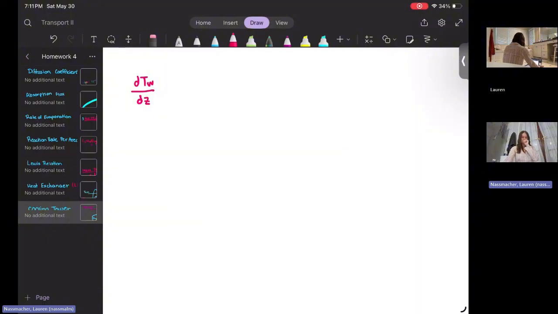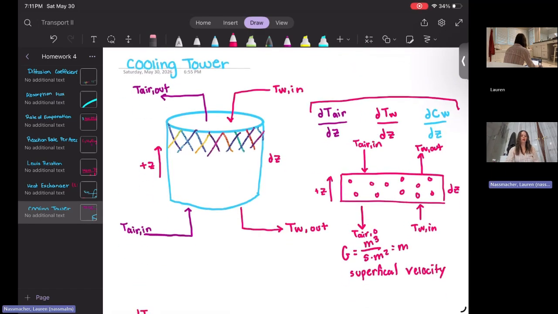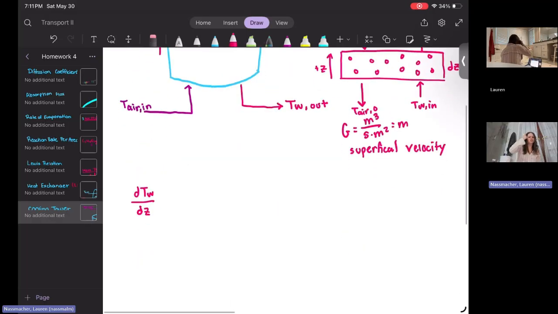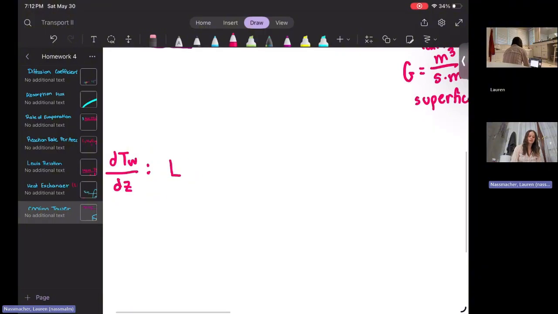There's no need for, and no heat will transfer from the air. And then you also need to think about, what's it again? The temperature difference. So we're going to have our flow rate. We have to consider the flow rate as well as the area in which it's occurring.